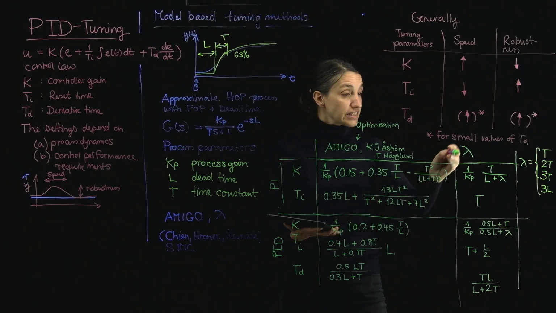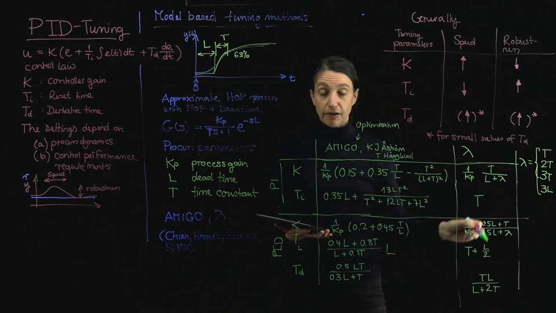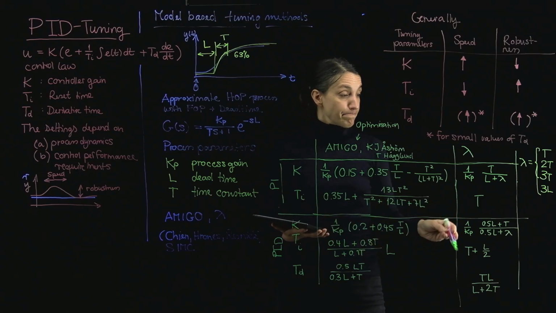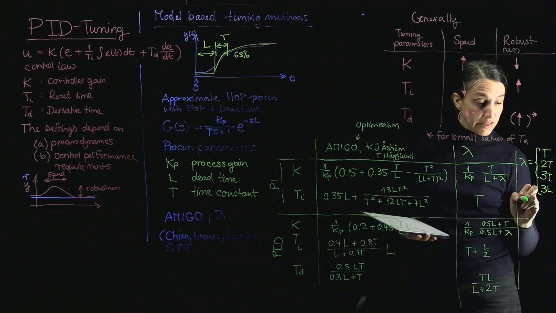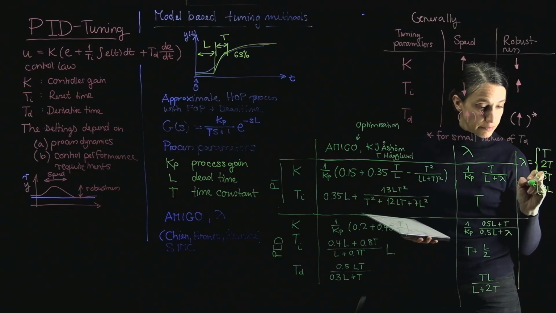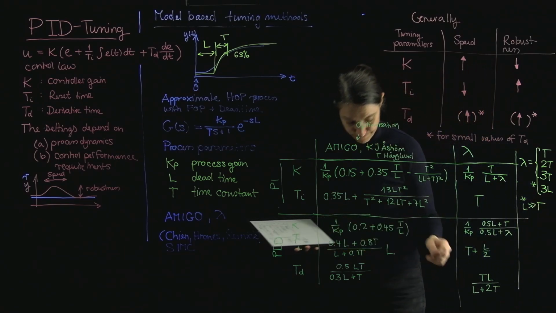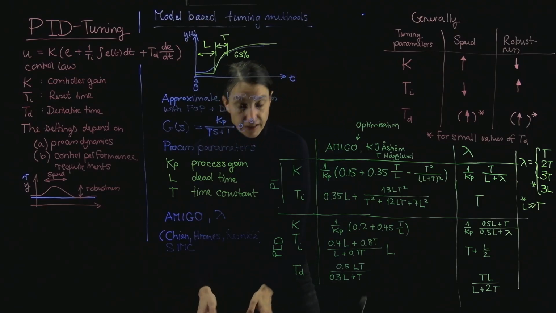So this is what makes lambda very powerful. We can deal with loops where L is quite long, and that basically means this last option here is for the case that L is greater than 2. Okay.